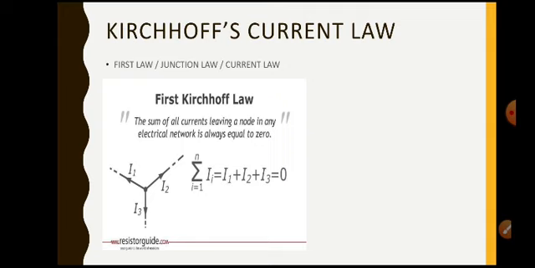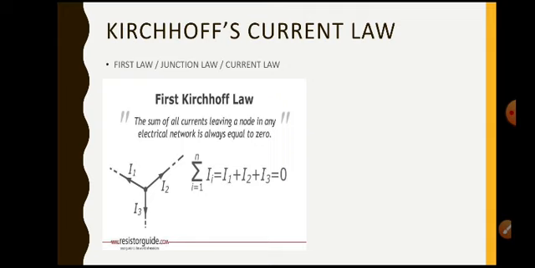So Robert Kirchhoff introduced two important electrical laws. We can easily find the equivalent resistance of a complex network or the current flowing in different conductors. These circuits can be solved simply by using these laws, called Kirchhoff's current law and Kirchhoff's voltage law.